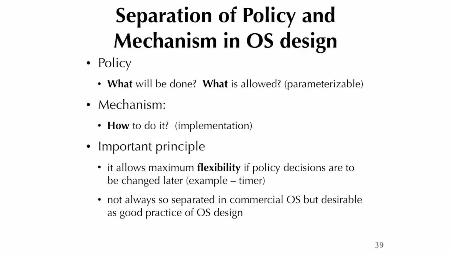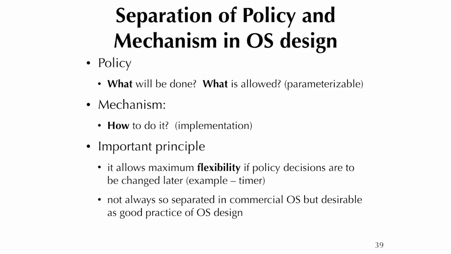So you always think what's policy or what can be considered policy, and separate it out as a parameter, so that your mechanism just focuses on what it does, and then later policy can be changed independently or mostly independently.